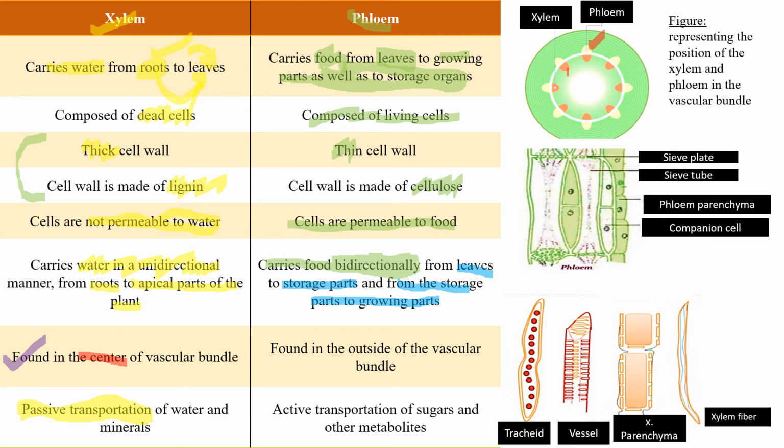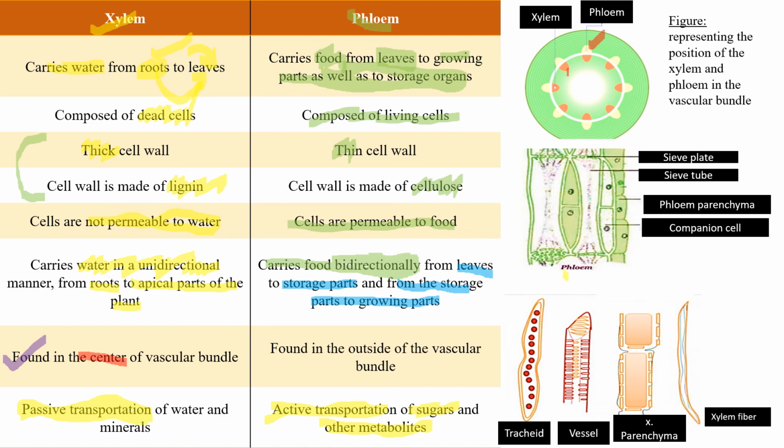In contrast, the movement of food is active, that is, it requires a source of energy to move food from leaves to storage parts and from storage parts to the growing parts. It is active transportation of sugars and other metabolites.